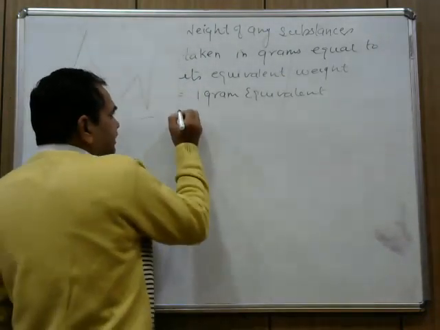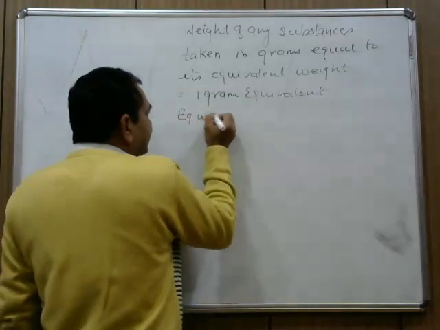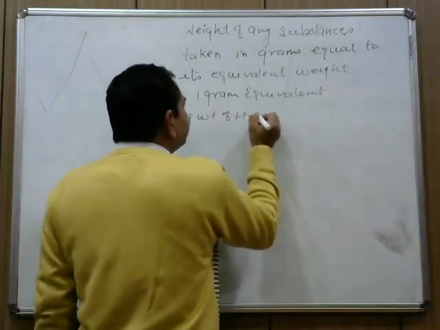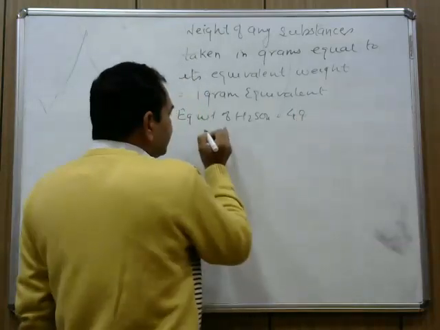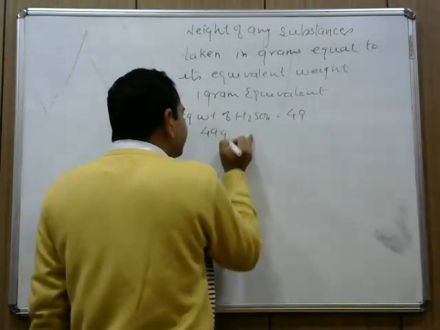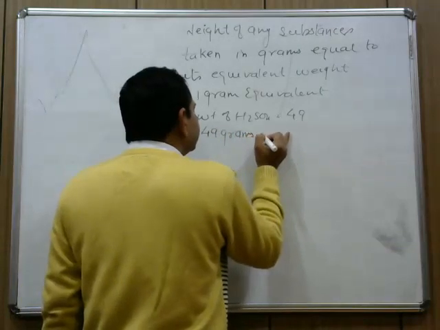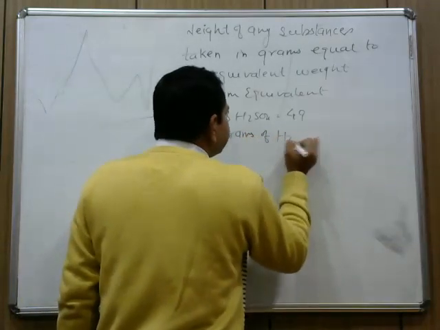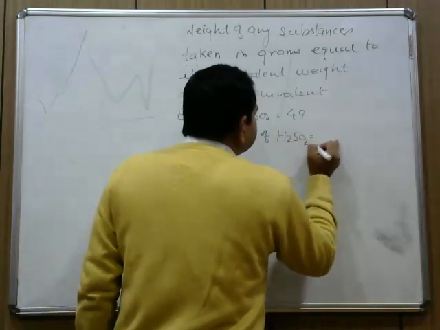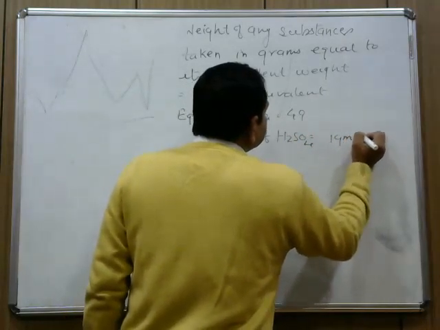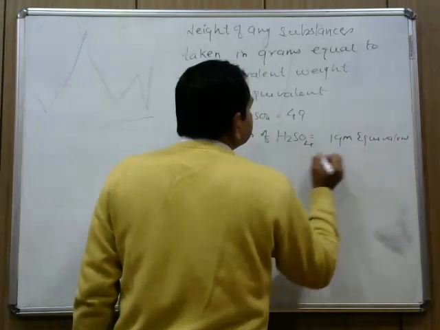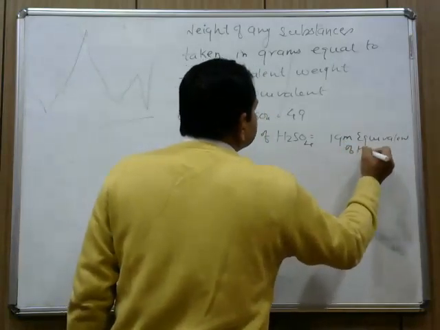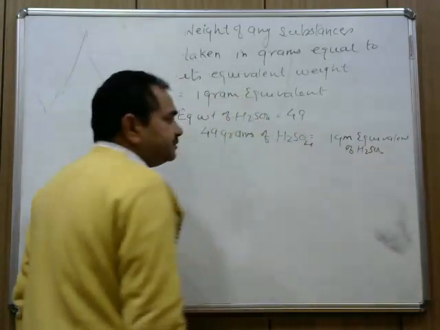Say for example, the equivalent weight of sulfuric acid you determined is 49. So if we take 49 grams of sulfuric acid, then this is equal to 1 gram equivalent of sulfuric acid.